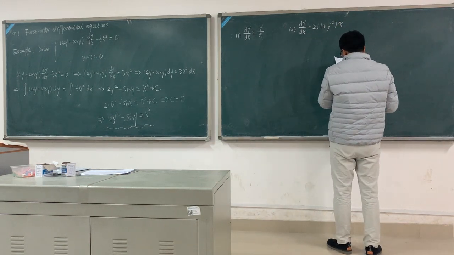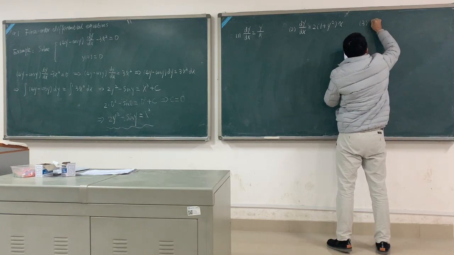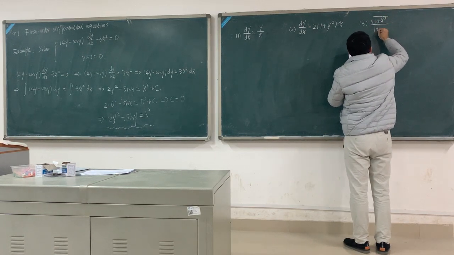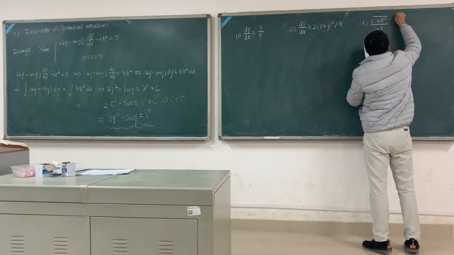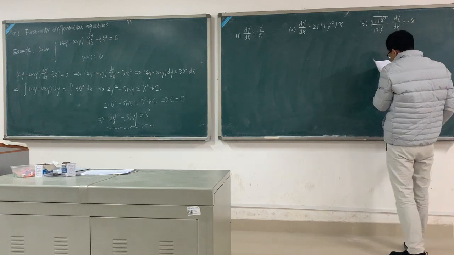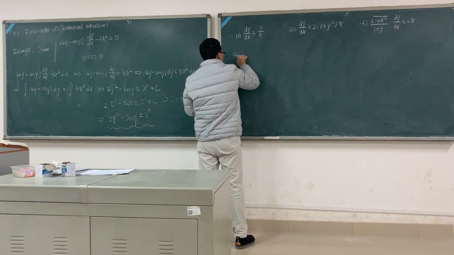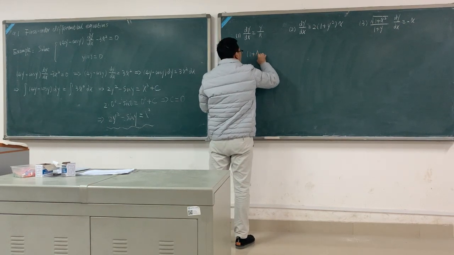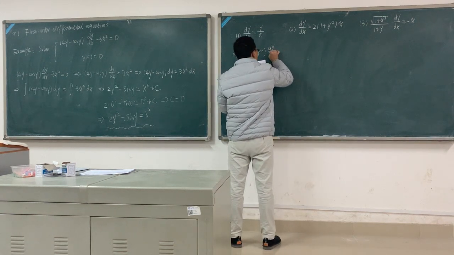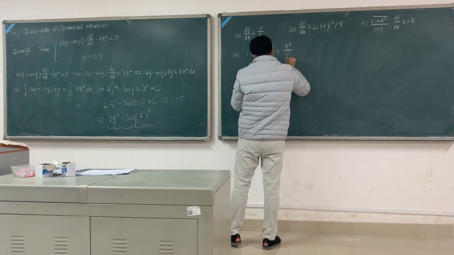The third is the square root of 1 plus x squared by 1 plus y, dy/dx equal to minus x. The fourth is 1 plus x to the fourth power times dy/dx equal to x cubed by 1.